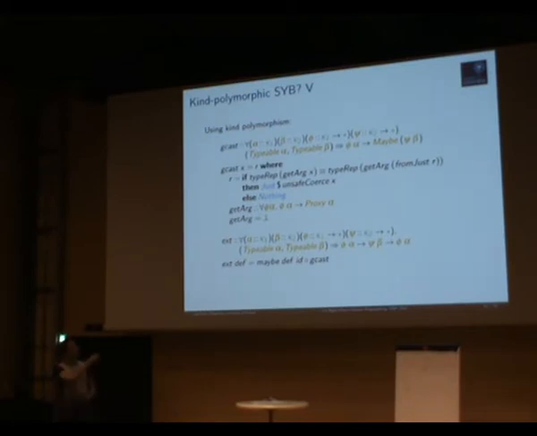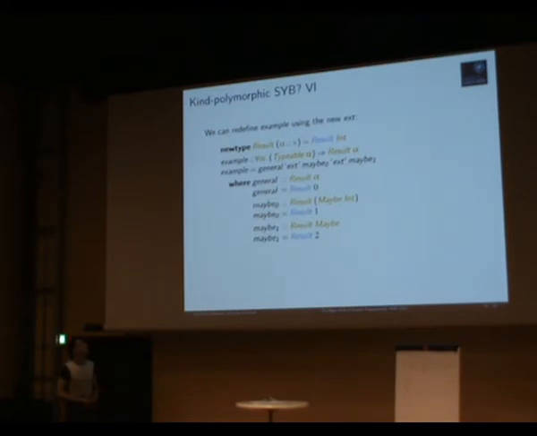And you can define the ext function now to be general, so not 0 or 1, but to work on all kinds. The example we had before can now be written like this, using only ext in both cases. Here we say for Maybe Int we return 1, and for Maybe in general we return 2.